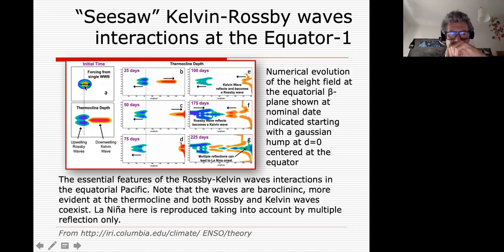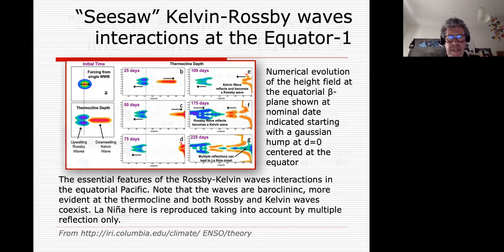Negative means that you have lower H, and the red one is higher H. So the thermocline gets deeper with the red and shallower with the blue. And with the above equation we can properly represent Kelvin waves and also Rossby waves.